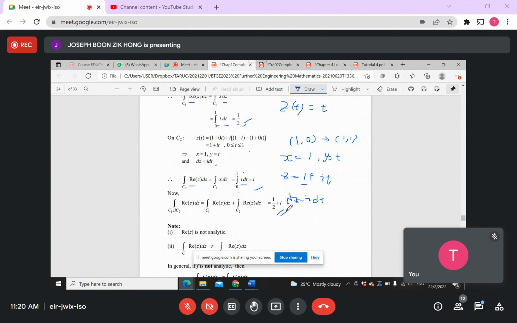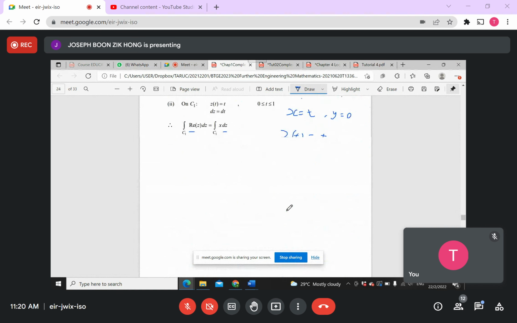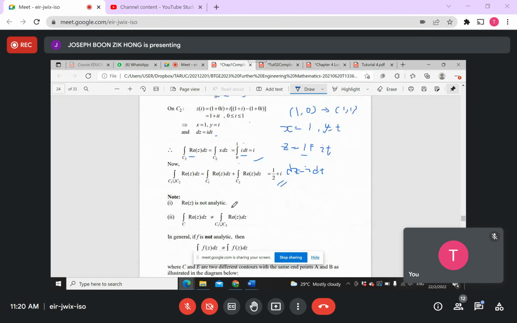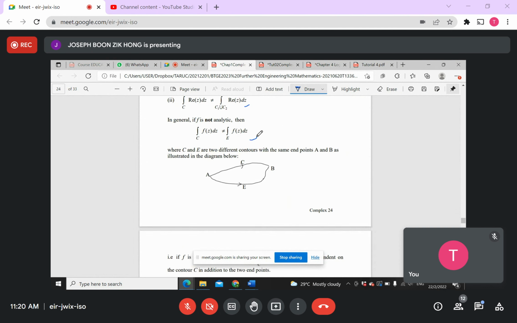One is half plus i, one is half plus half i. So it's different there. That's why they said real z is not analytic. So that's why your C is not equal to your C1 and C2 combination together. So this is what they found.